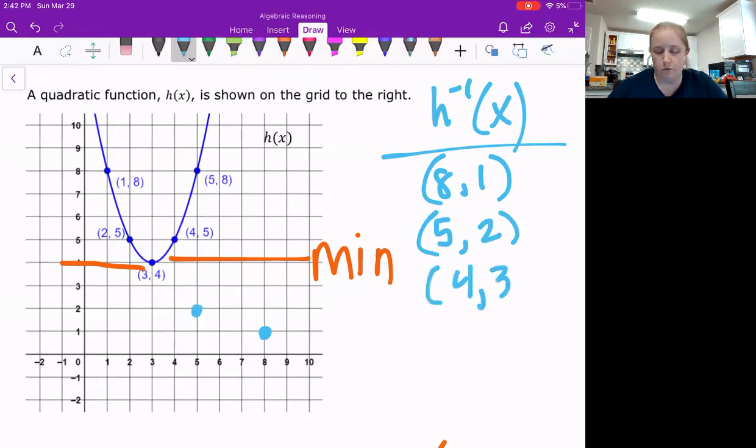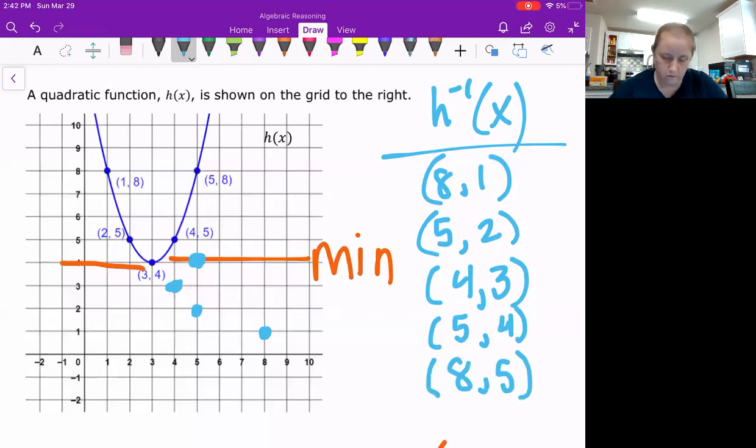Reverse it to make 4, 3. 4, 5. Reverse to make 5, 4. And then our last one, 5, 8. Reverse to make 8, 5. All right. So there is our inverse graph.